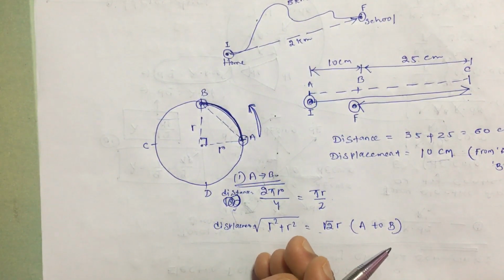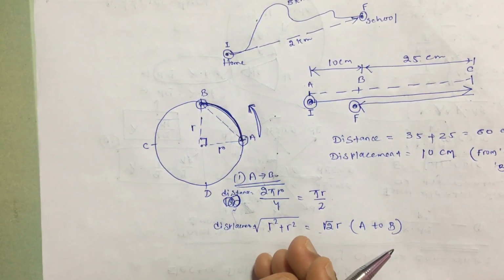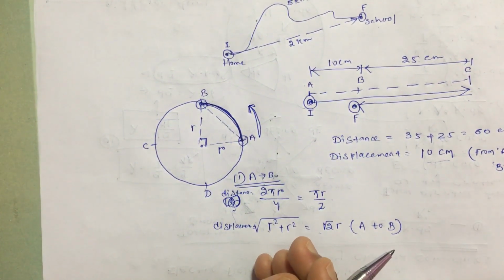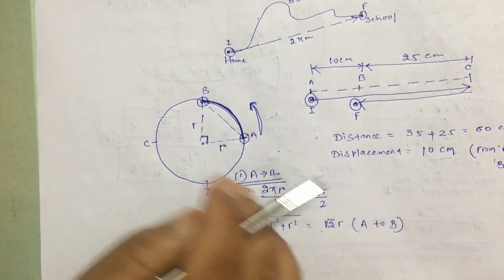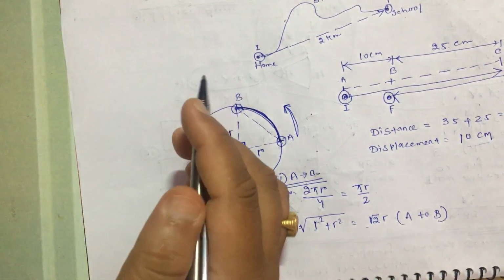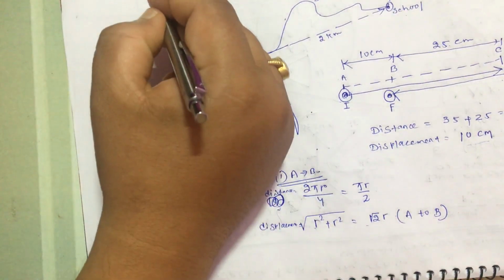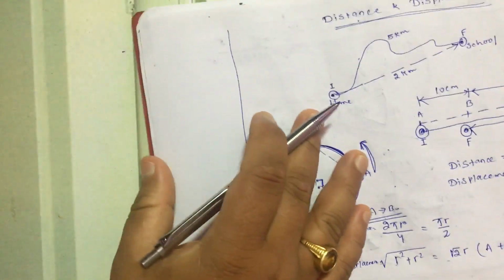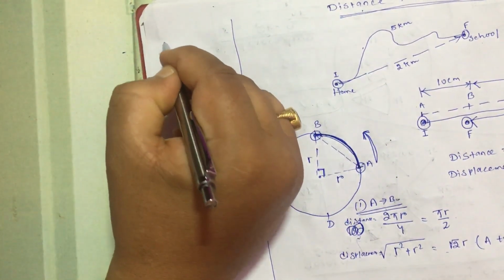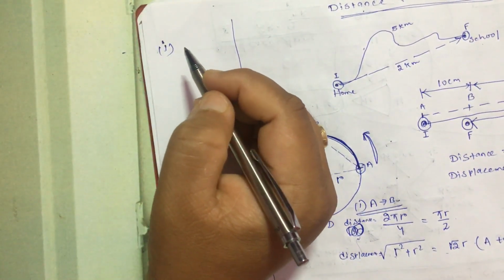Now let us remember what points we have to deal with when we are studying distance and displacement. What is the difference between distance and displacement? First point is that distance can never be negative.